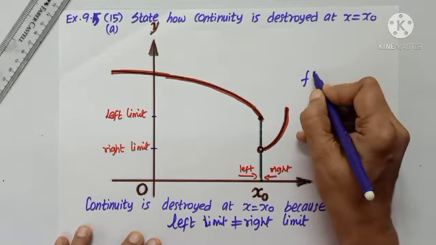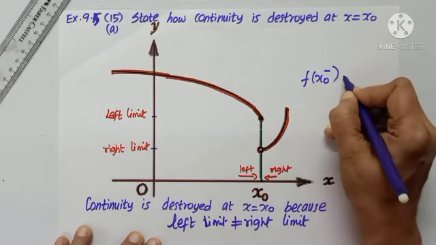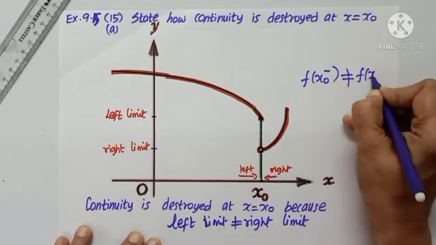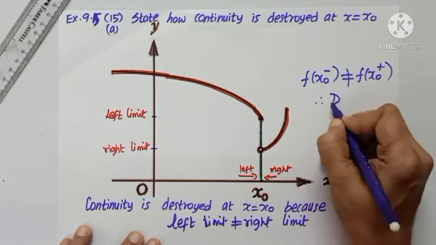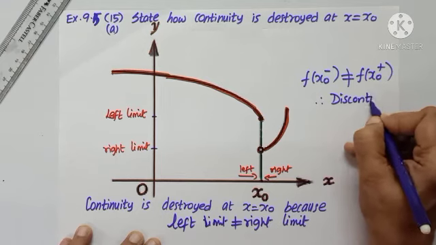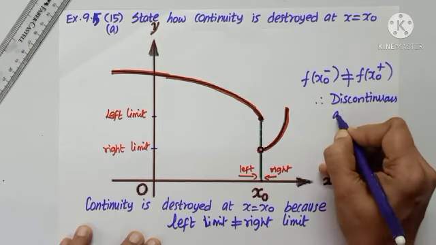So we will say f of x naught minus is not equal to f of x naught plus. Therefore, discontinuous at x is equal to x naught.